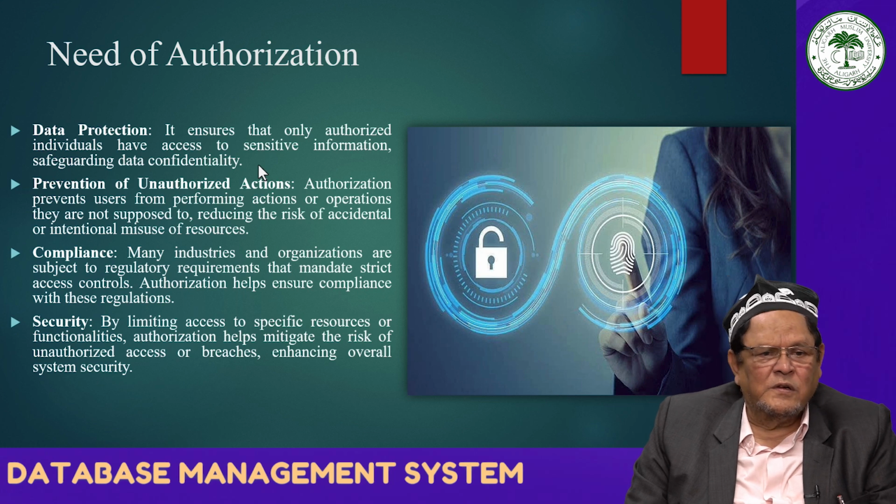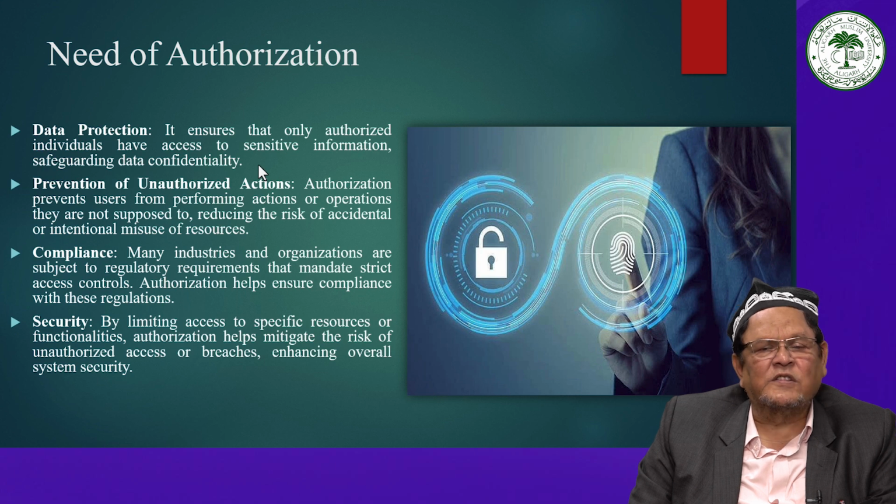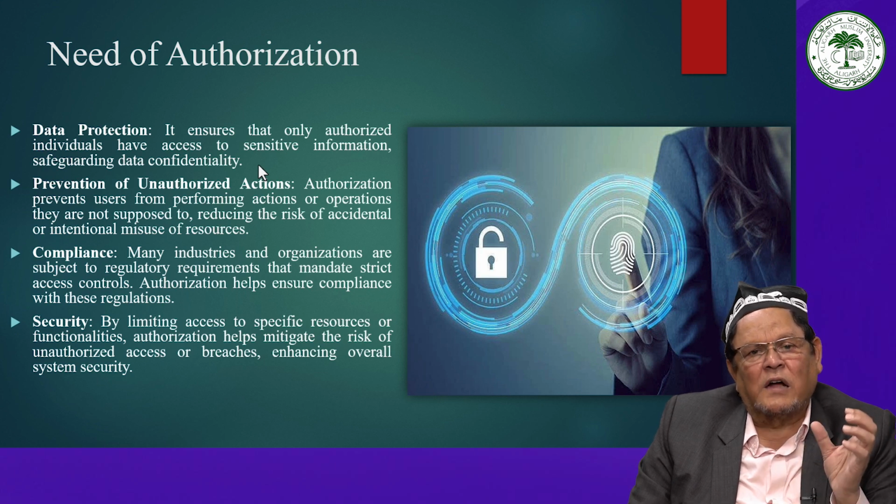Compliance: many industries and organizations are subject to regulatory requirements that mandate restricted access controls. So authorization helps to ensure compliance with these regulations, and only authorized persons can access that.